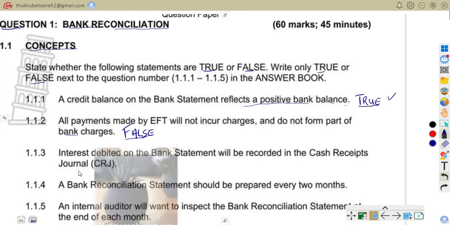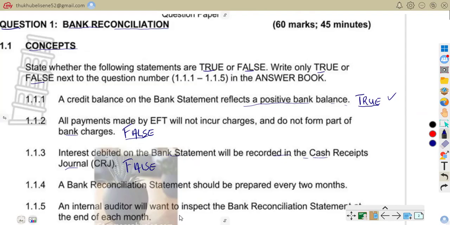Hope we are on one page, credit levels, as we are moving to 1.1.3. It says interest debited on the bank statement will be recorded in the cash receipts journal, that is CRJ. That is false. Interest debited is not in the cash receipts journal.